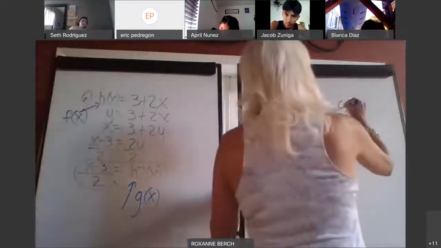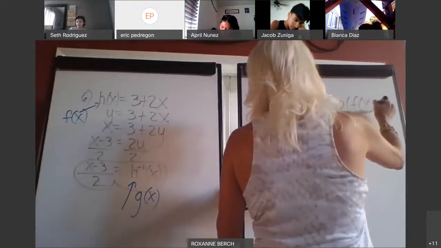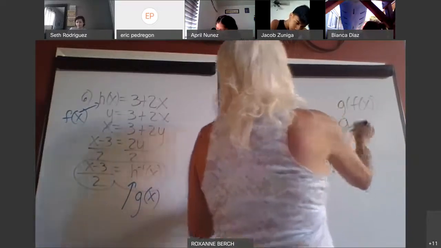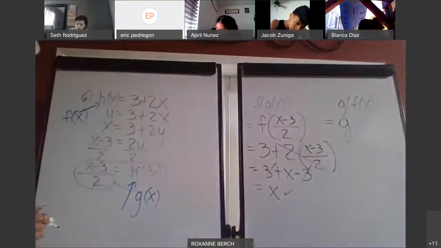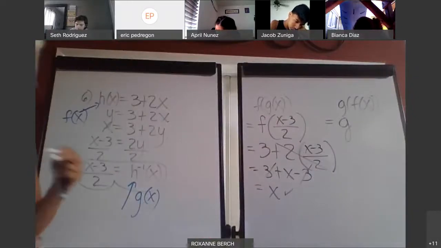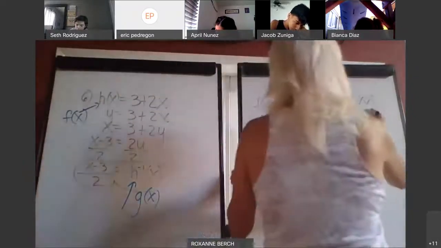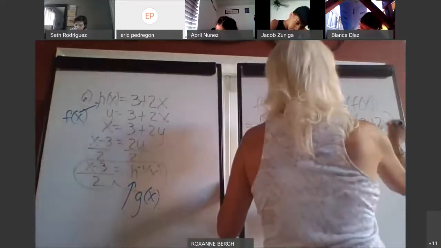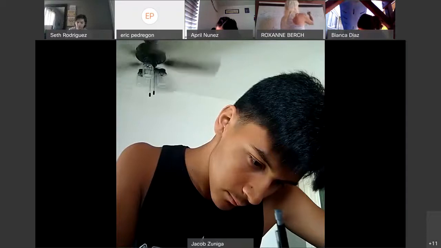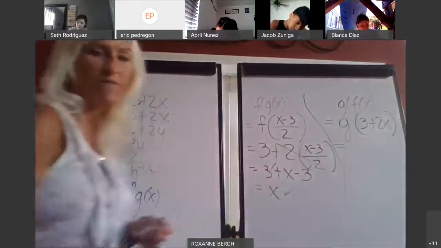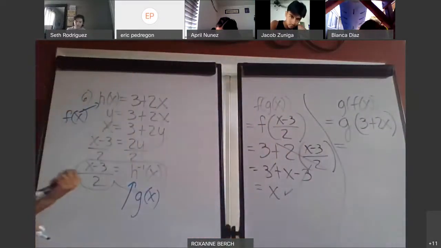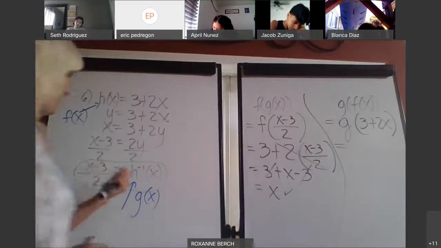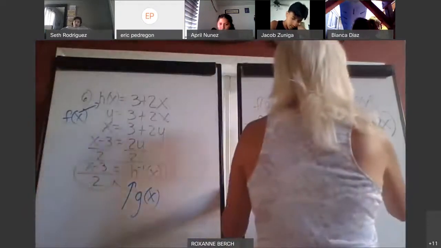And so now we're going to do g of f of x. And the g function floats down, and we put in, what's the f function? The 3 plus 2x. So that becomes the x of the g function. So what's the g function? X minus 3 over 2.